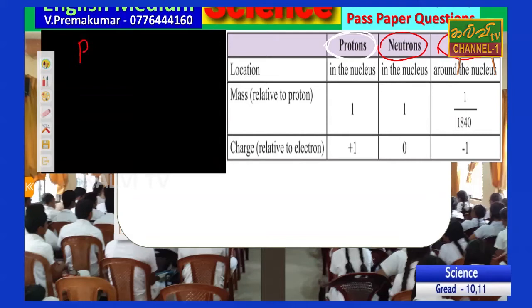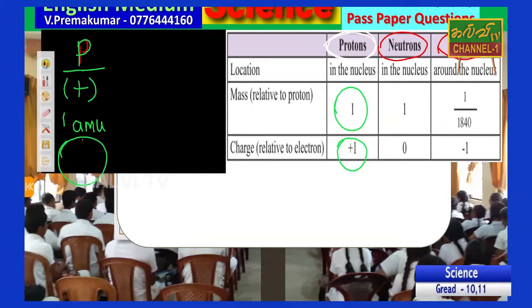Protons are positive charges, and the atomic mass is 1 unit, 1 AMU. The location is always inside the nucleus.